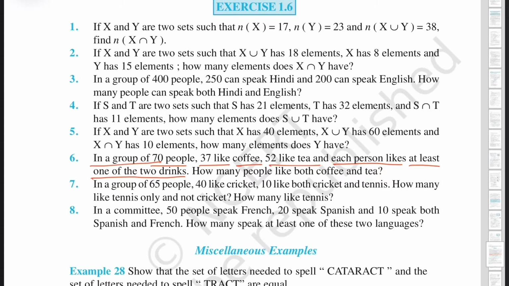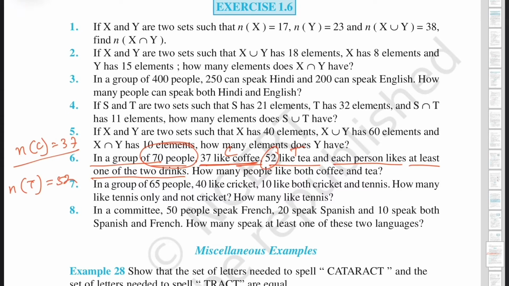Let us consider the set of people who like coffee to be C, and those who like tea to be T. Then the number of elements in set C is 37, because 37 people like coffee, and the number of elements in set T, who like tea, is 52.